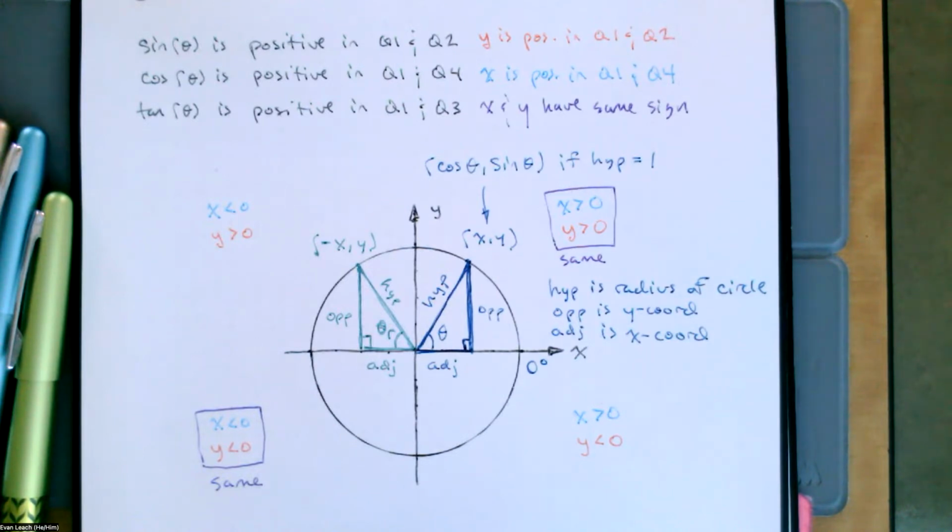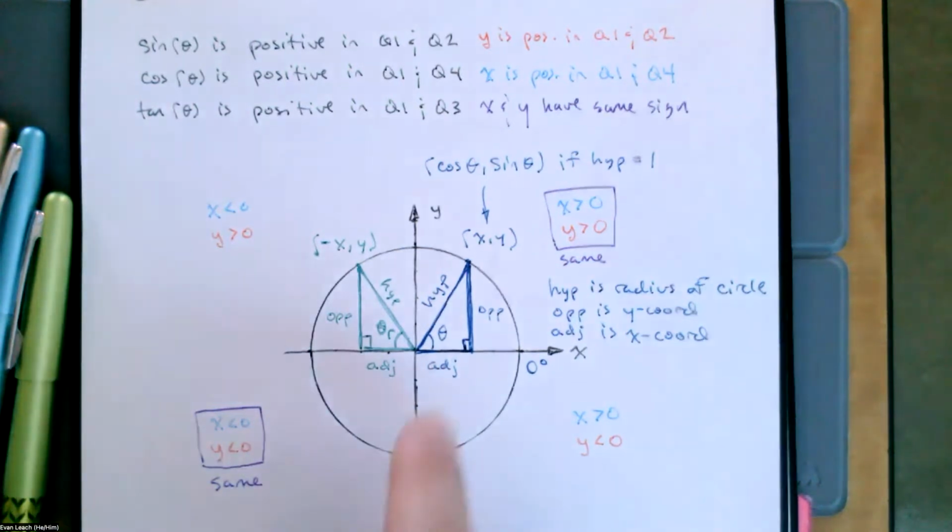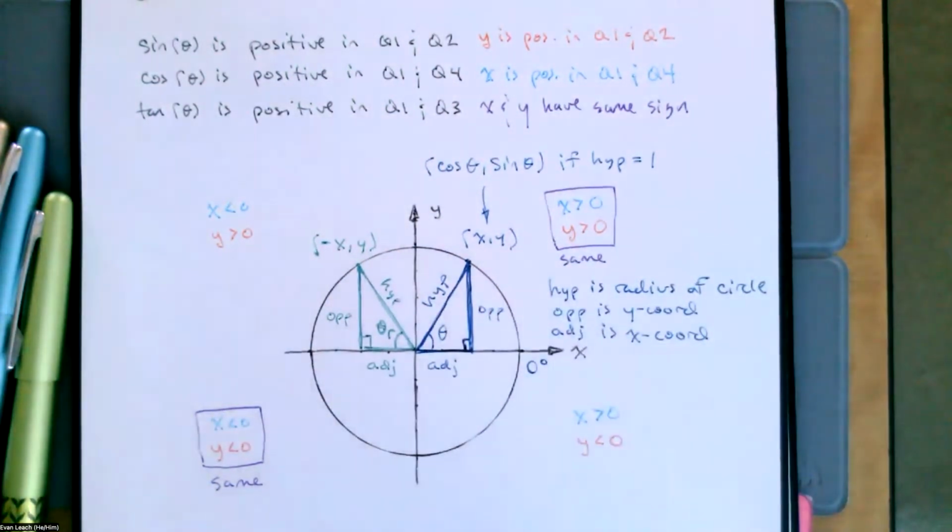Any questions? We can follow this all the way around. If I draw this same right triangle flipped down into the fourth quadrant, I would have the same lengths, opposite and adjacent and hypotenuse. But in that case, the y would be negative. The x would be back to being positive.